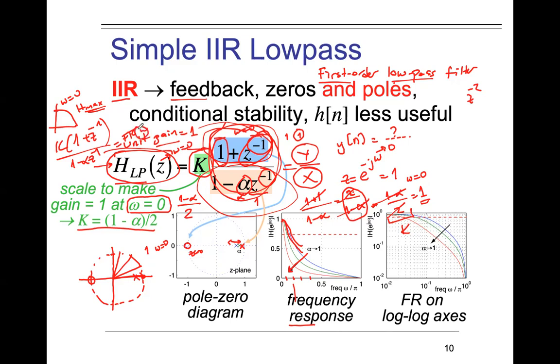Anlaşıldı mı arkadaşlar burası? Let me explain this to you. Bakın şimdi, if omega is zero, what is the distance between this and this? This is alpha. What is the difference between this point and the pole? 1 minus alpha, right? Because my z is 0.